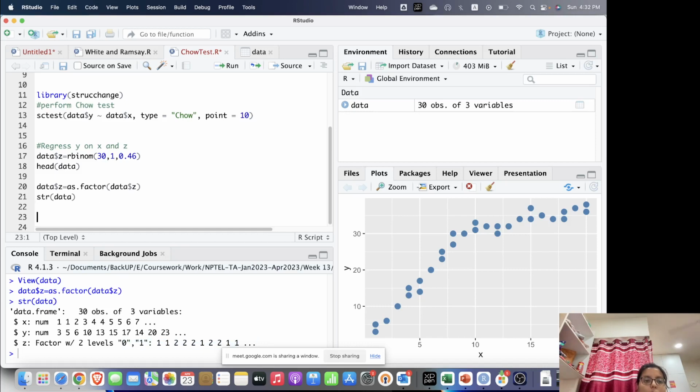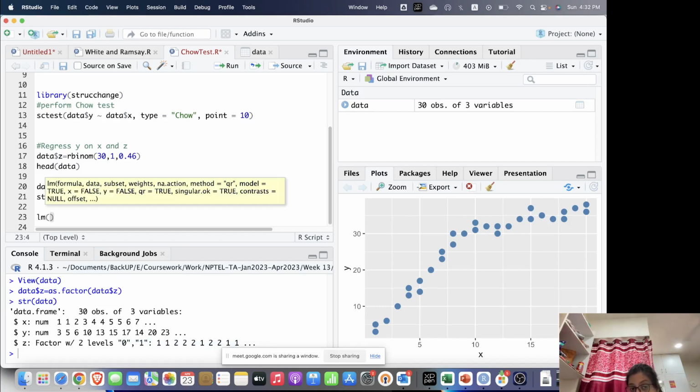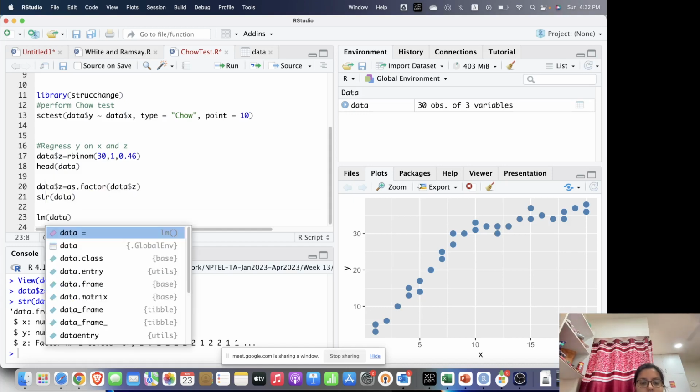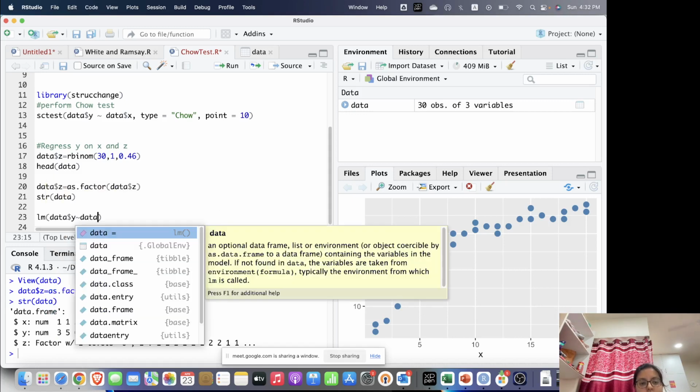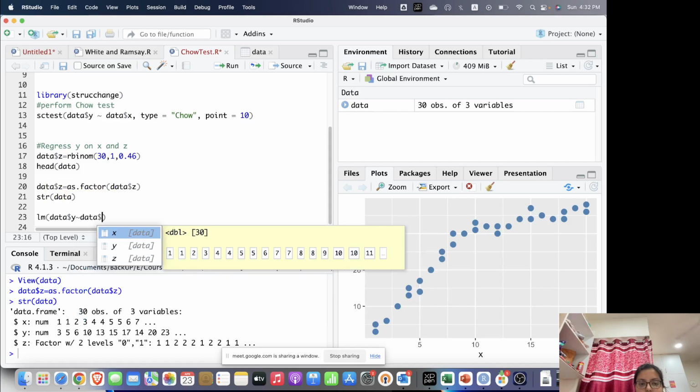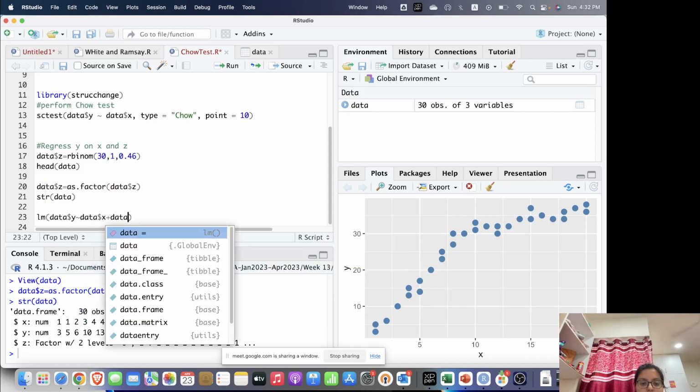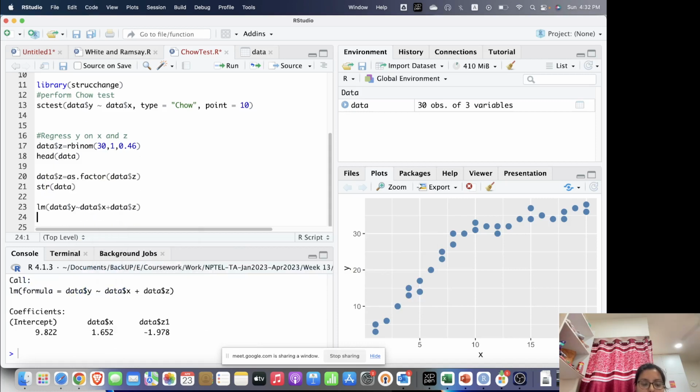Now when I do lm of data$y on data$x plus data$z, I have the coefficients.